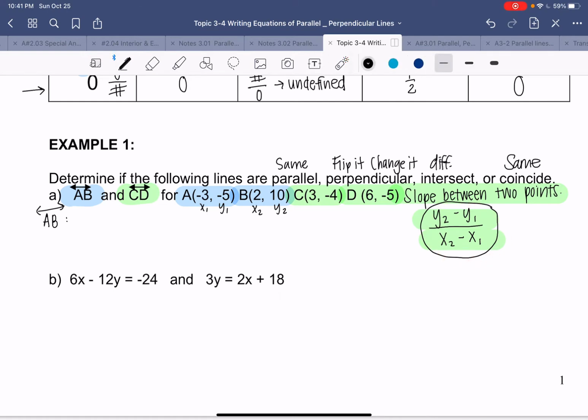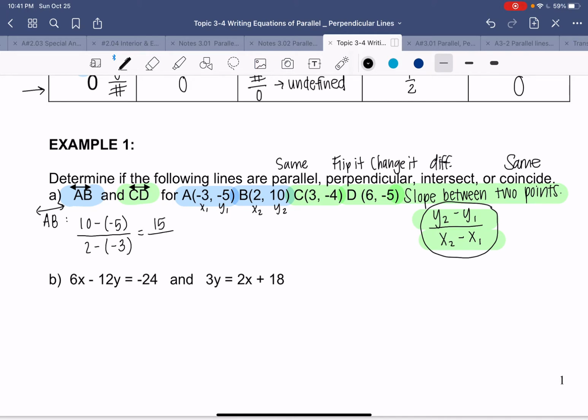So we have y2, which is 10, minus our y1, which is -5. We have x2, which is 2. And then we have x1, which is -3. Okay, well, 10 minus a -5 gets us a +15.